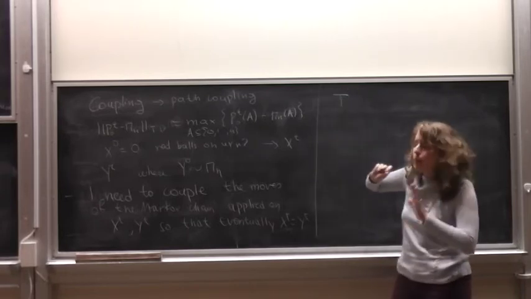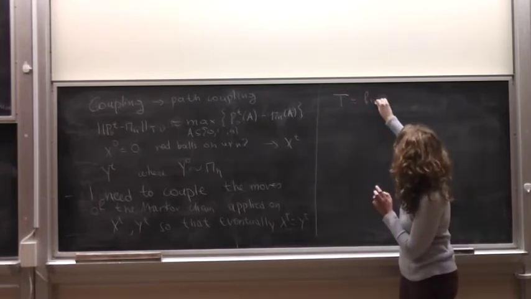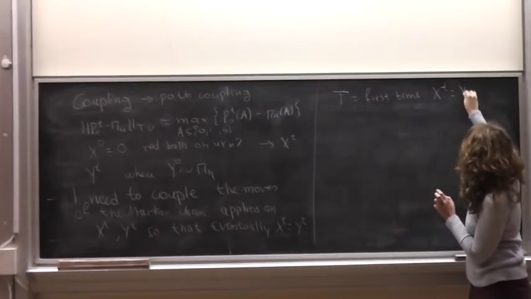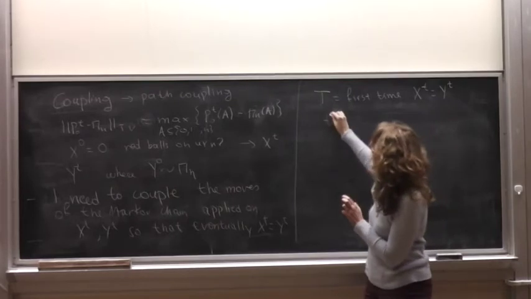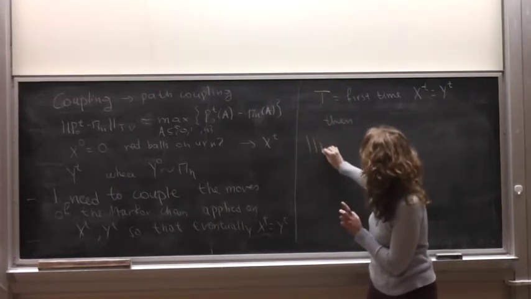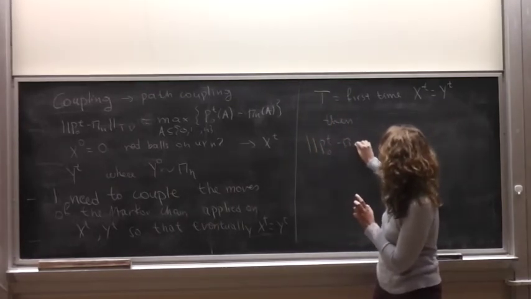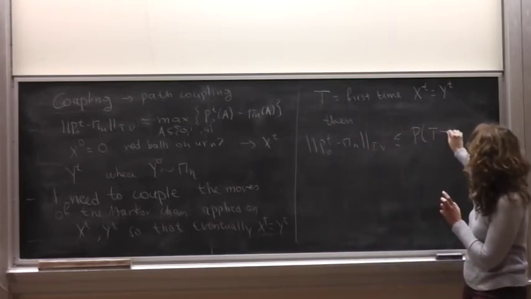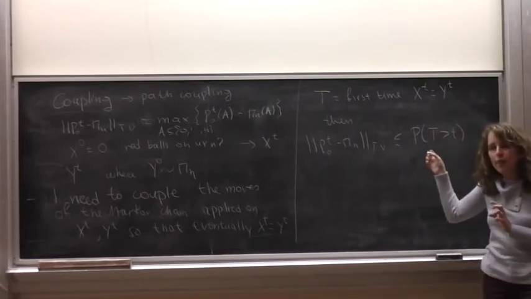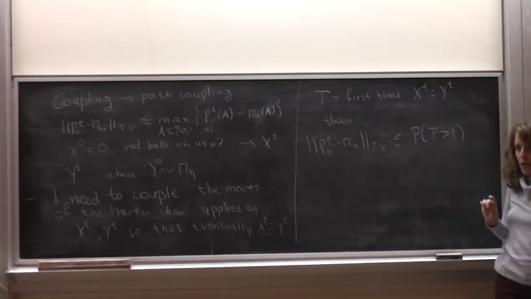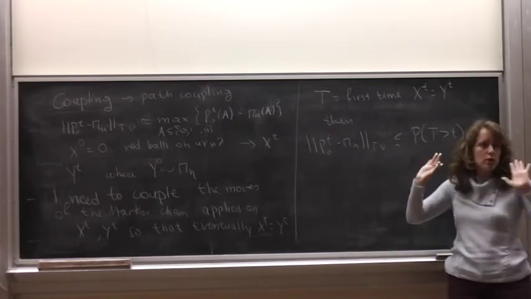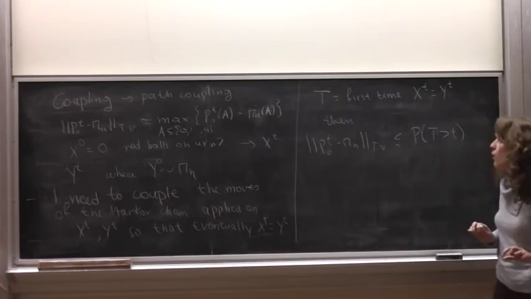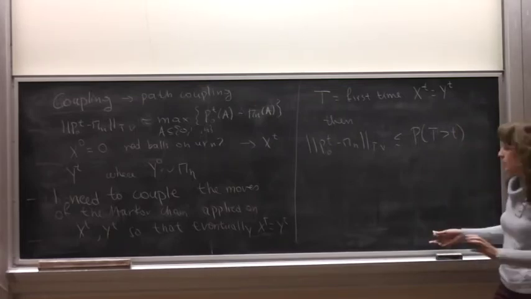Now, if capital T is the first time X_t is equal to Y_t, then the coupling inequality says that the total variation distance is less or equal to the probability that T hasn't happened yet. And this is what I'm going to be using to bound the total variation distance. And even if this is confusing, don't give up hope. I'm about to show everything on our problem. So it should not be too bad.